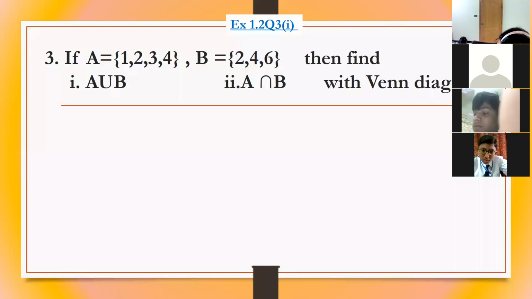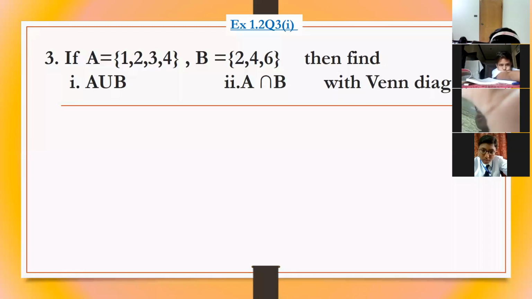Very good. 1, 2, 3, 4, 6. Very good. Aun, can you please tell me whether it is a disjoint set or an overlapping set? Miss, it is an overlapping set. It's an overlapping set. So how do we have to draw the diagram? Can you show me on the screen?